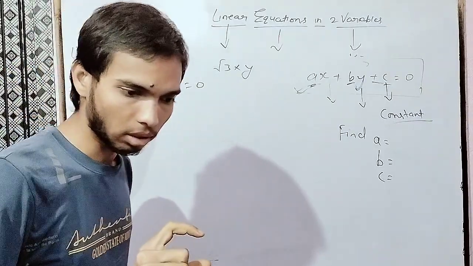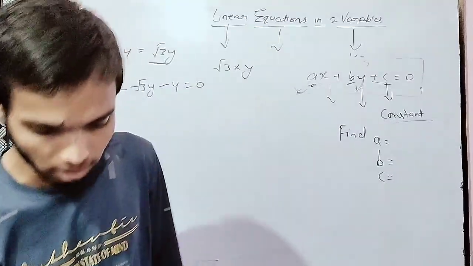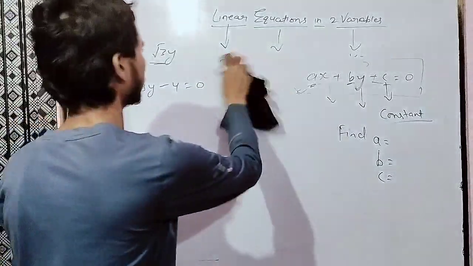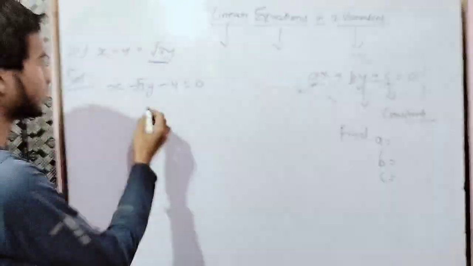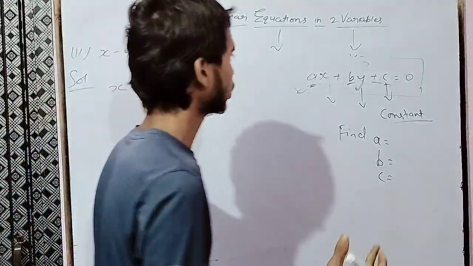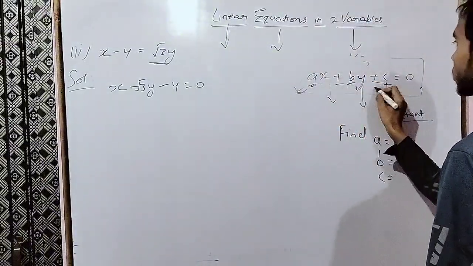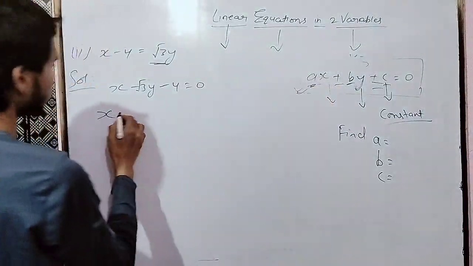If y was under root, then this is not considered as a polynomial. Okay. So here we don't have this. This algebraic expression does not have the plus operation. Even you know how to apply plus. Okay.